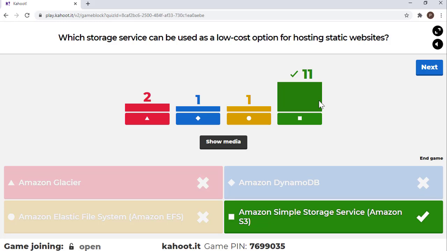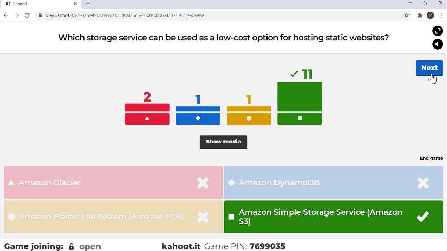DynamoDB is a NoSQL offering from Amazon, and you'll not be able to host the entire website on a NoSQL database. Though if it's a dynamic website, you might want to have the data of the dynamic website stored in DynamoDB, but not the entire static website. And so would be Amazon EFS.